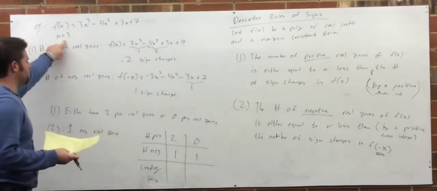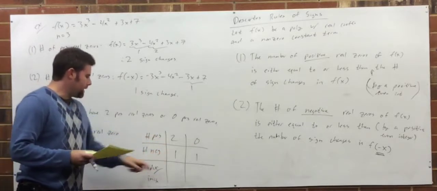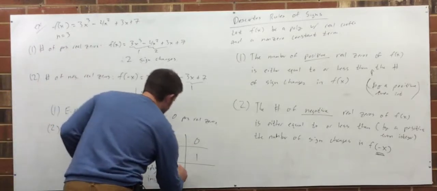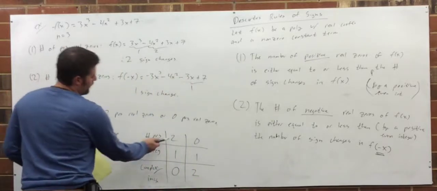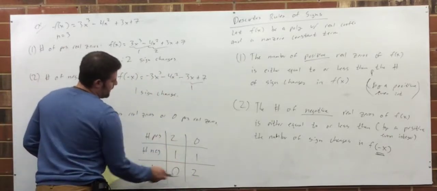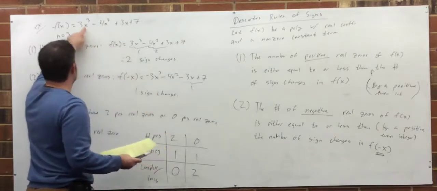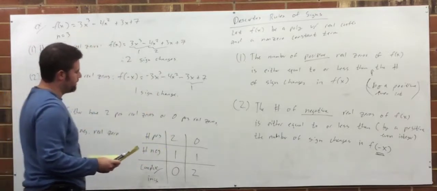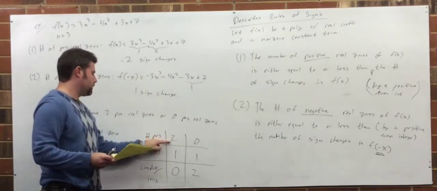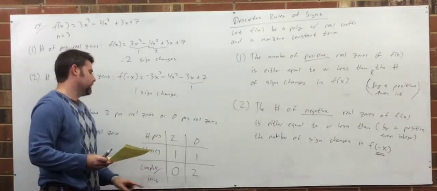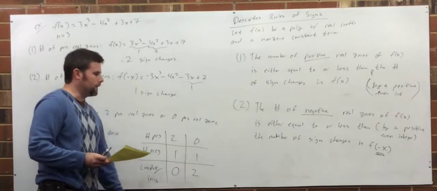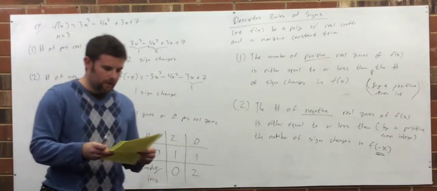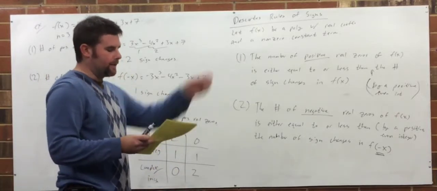Well, n is 3, so the number of zeros has to equal 3, which means the complex count has to be 0 or 2. So when we add up our zeros, the possibilities must add to 3 because that's the degree. We could either have 2 positives and 1 negative, or 0 positives, 1 negative, and 2 complex. And those are the only 2 options for that example.